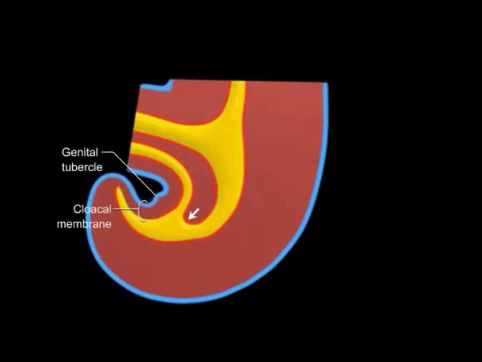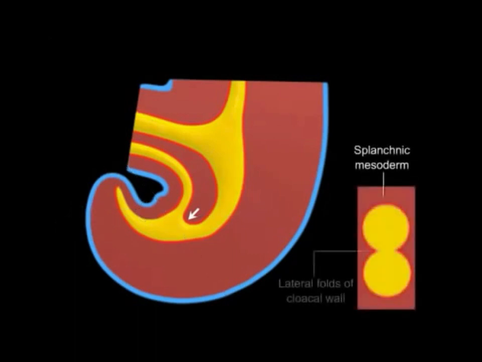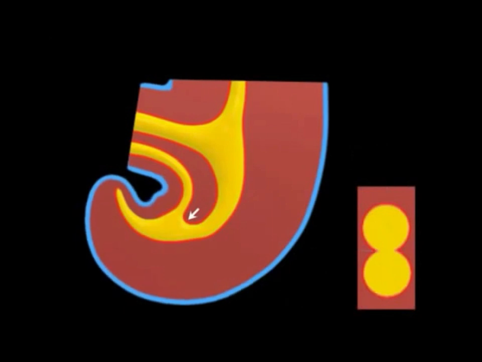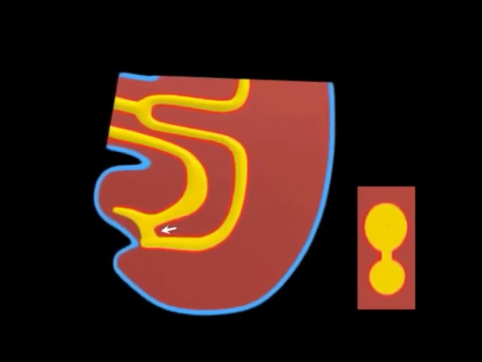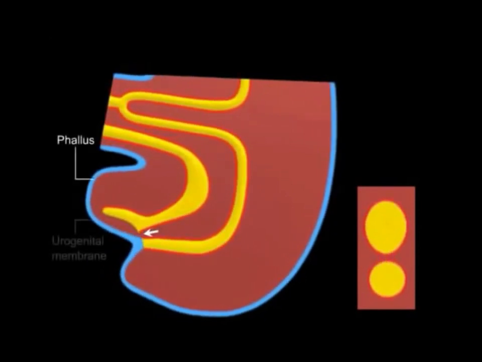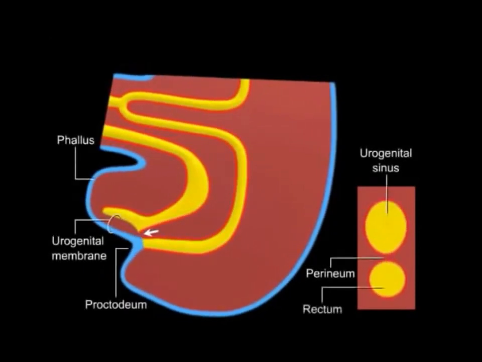Here what is very important is the urorectal septum. Here you have the arrow that represents that septum that will grow and divide the cloaca into an anal canal and a urogenital sinus.